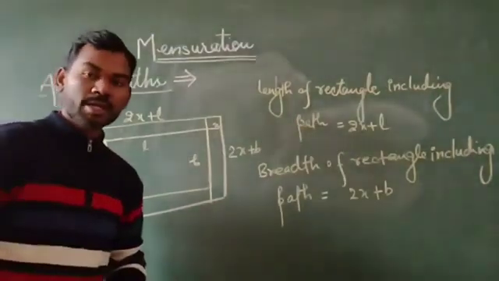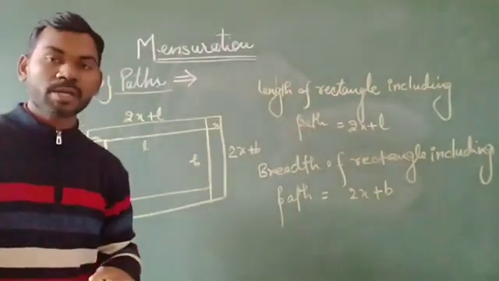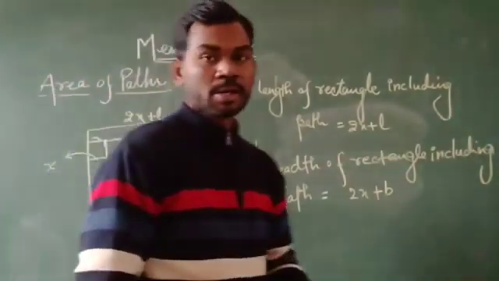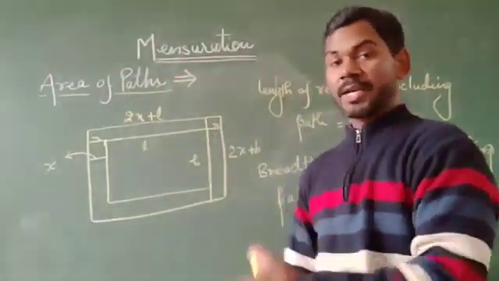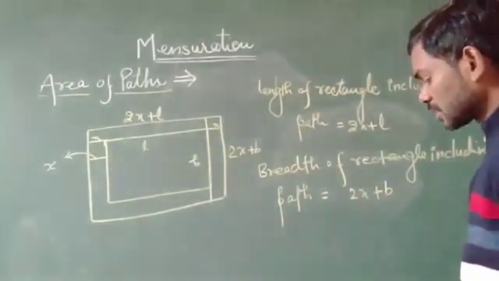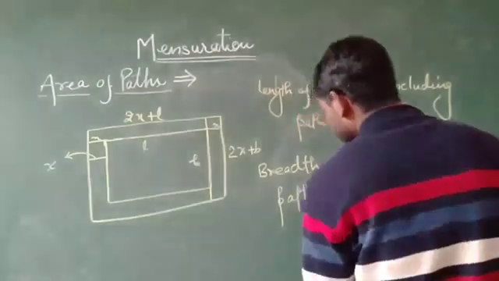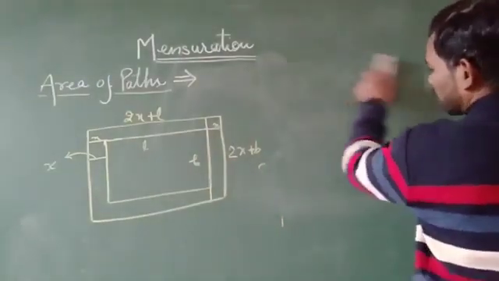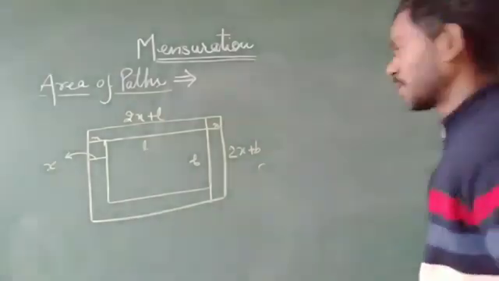After getting the area of both rectangles, when we subtract the area of the smaller rectangle from the larger rectangle, it yields the area of path. So here we get the formula to find out the area of path.